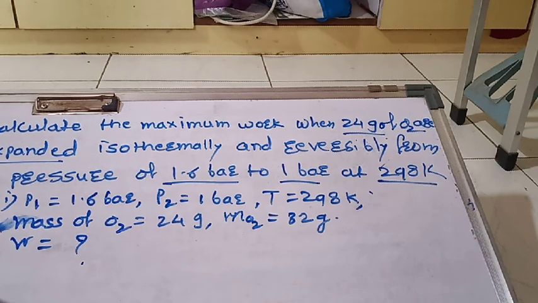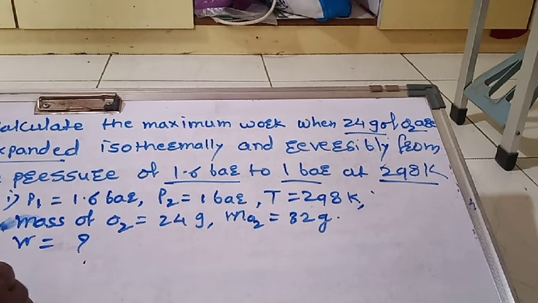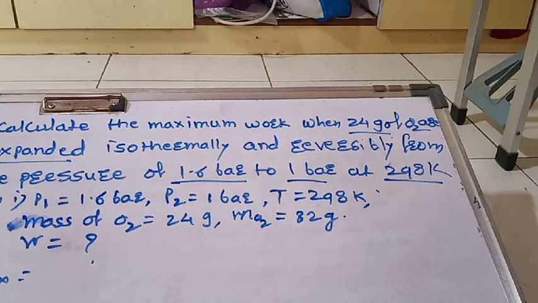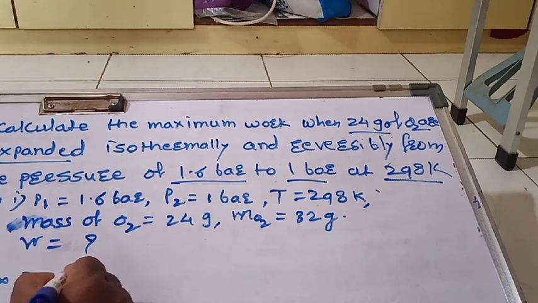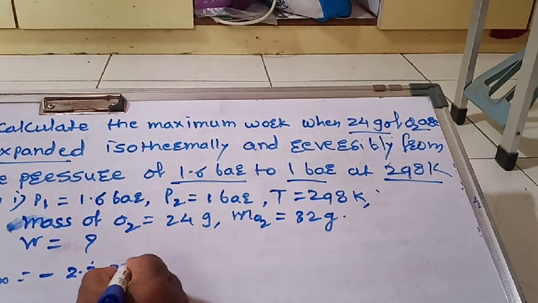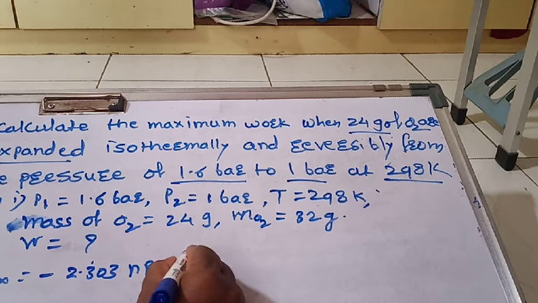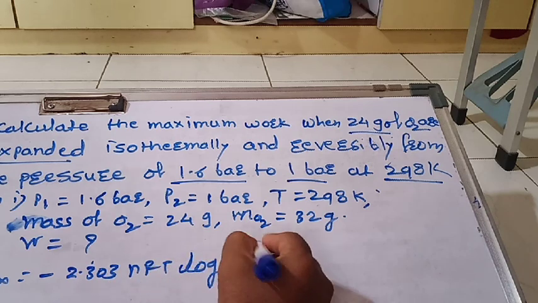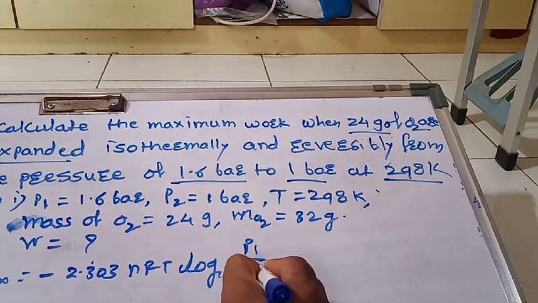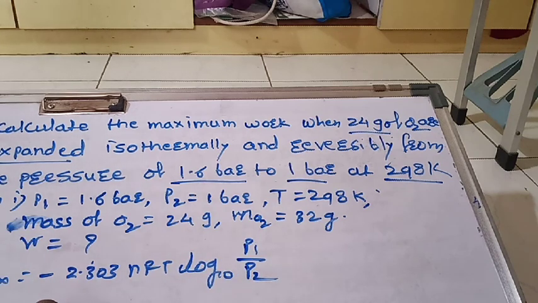So formula used is W max is equal to minus 2.303 nRT log to the base 10 P1 upon P2. So substitute the value minus 2.303 into number of moles. You have to find that. So first we will get n.